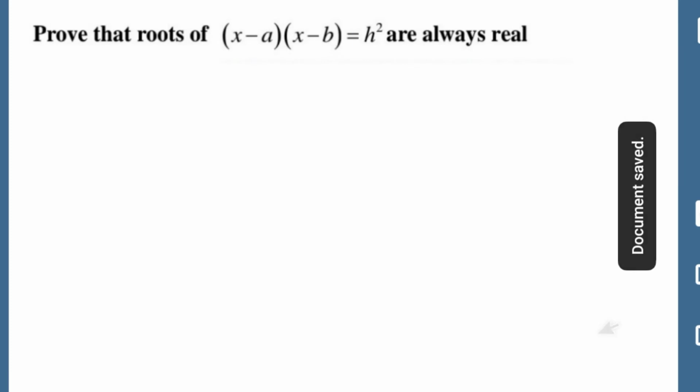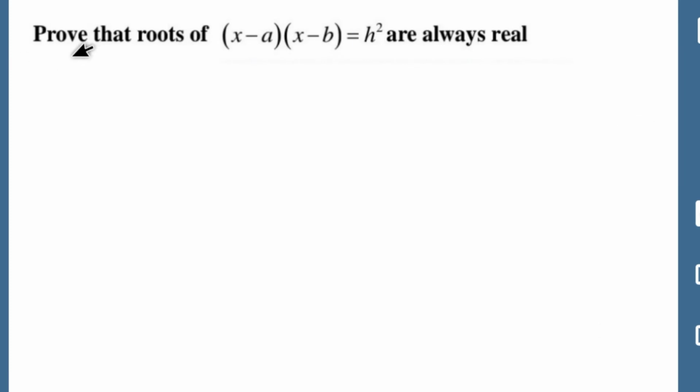Next question. See this question. Prove that roots are always real. So first write the equation. What is equation? x minus a into x minus b equals to h square. Do the product. x into x, x square, minus x into b, bx.